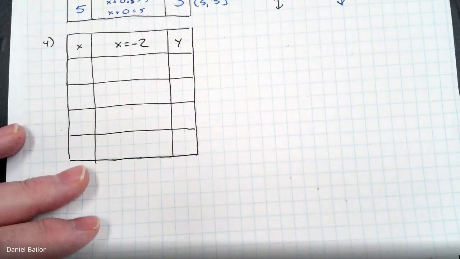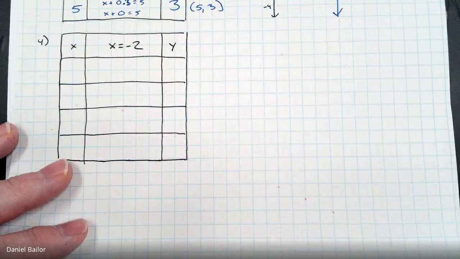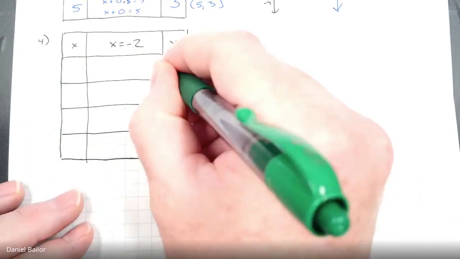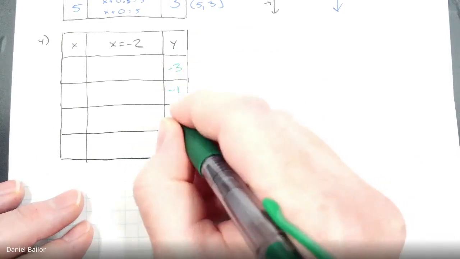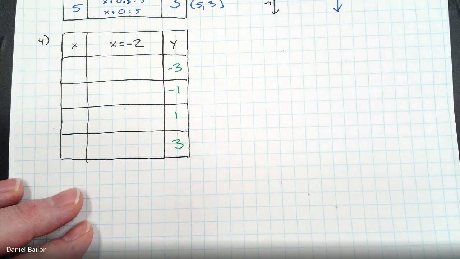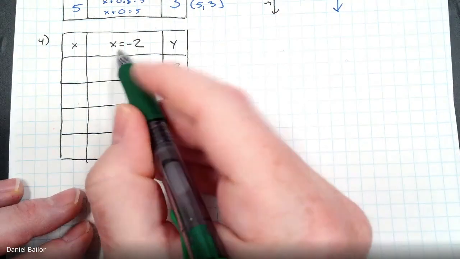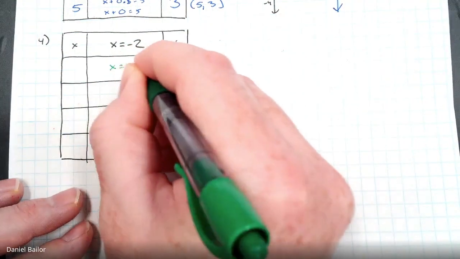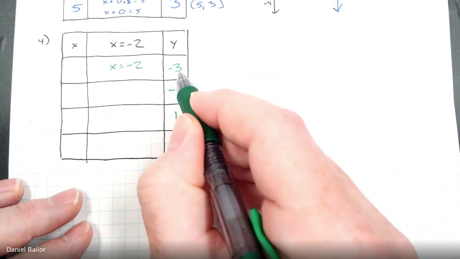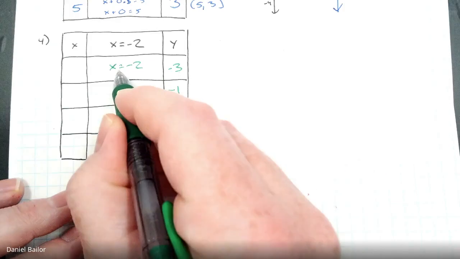So let's start with the y's again. Let's use the same ones: -3, -1, 1, and 3. Why not? Just keep it simple, use the same ones. Well, this one, x equals -2. So what happens when y is -3? Well, x is -2.